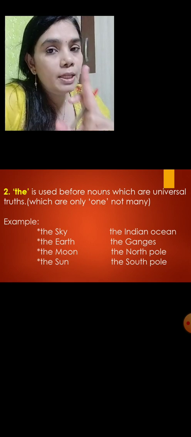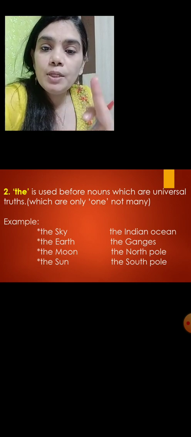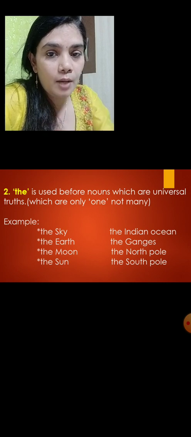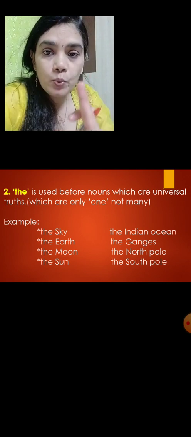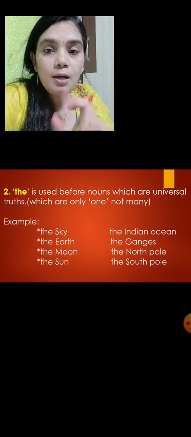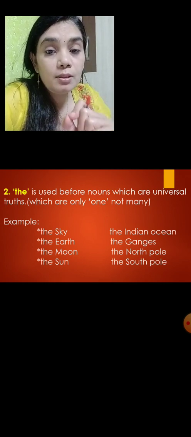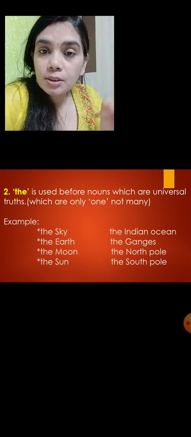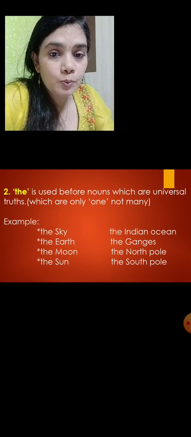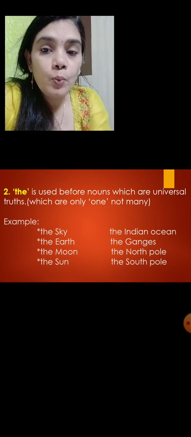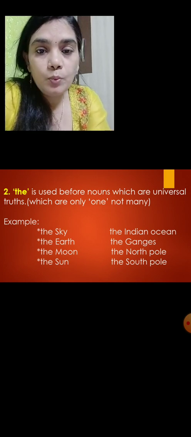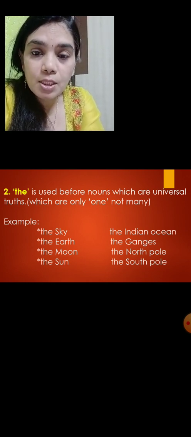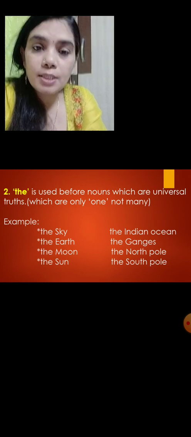They are only one in the entire universe. We have only one moon, so we should use the article: the moon, the sun, the Indian Ocean, the Ganges, the North Pole, the South Pole. Got it, children? When there are universal truth words, which are only one in the entire universe, we should use the article "the".